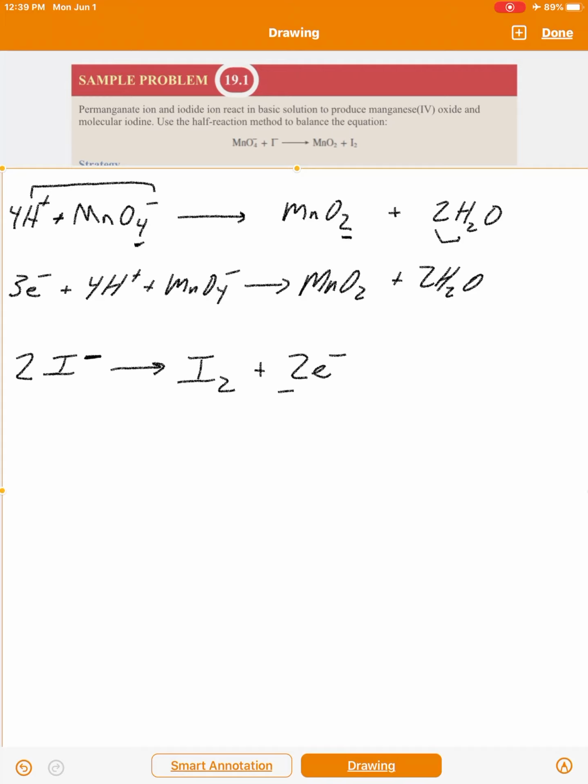So we have 2 balanced half reactions. Now you equalize the electrons in the half reactions. So we need a lowest common factor between 3 and 2. That's 6. So that means we're going to have 6 electrons in both equations. For the first half reaction, the way we would deal with that is to multiply it by 2. 2 times 3 is 6. And then for the other half reaction, we're going to multiply it by 3.